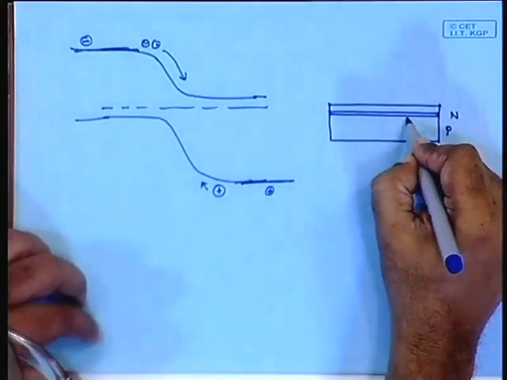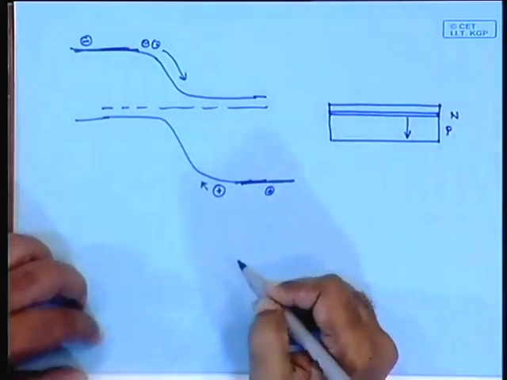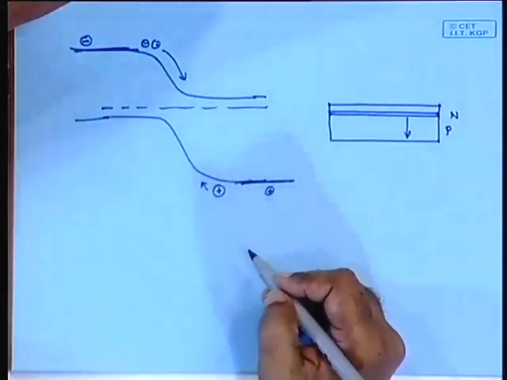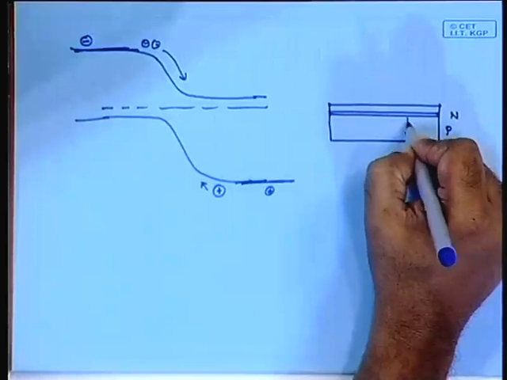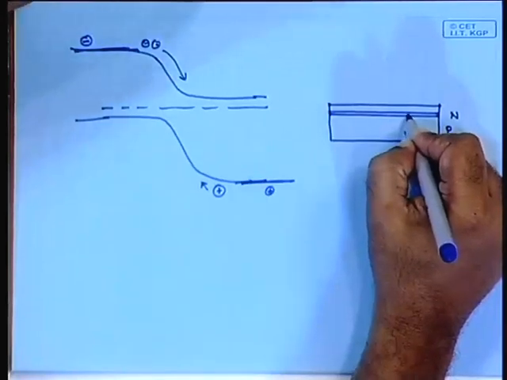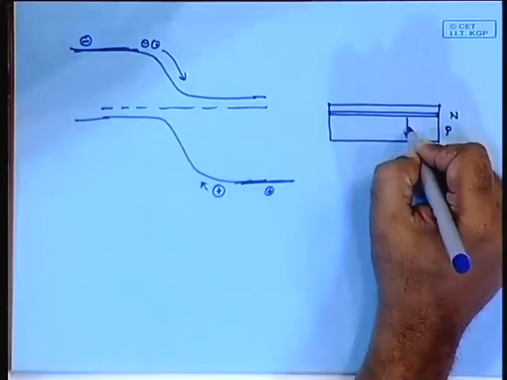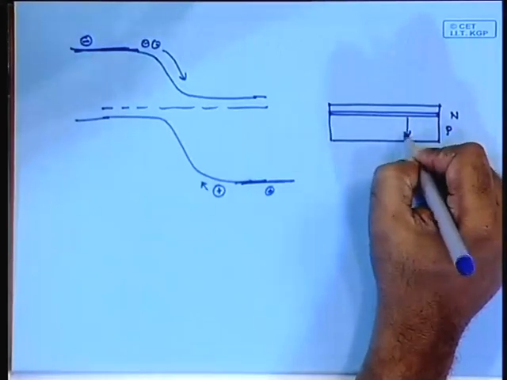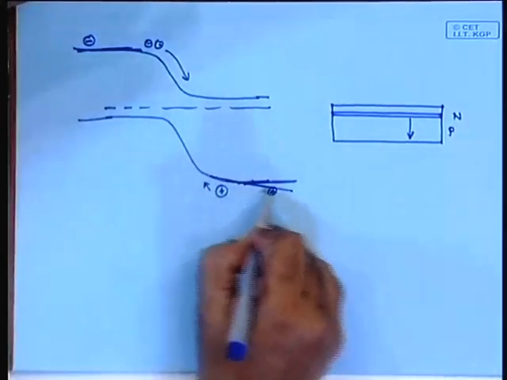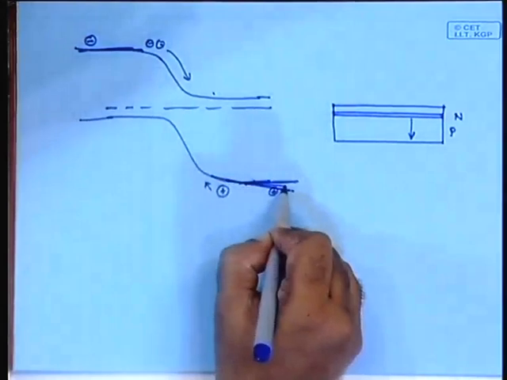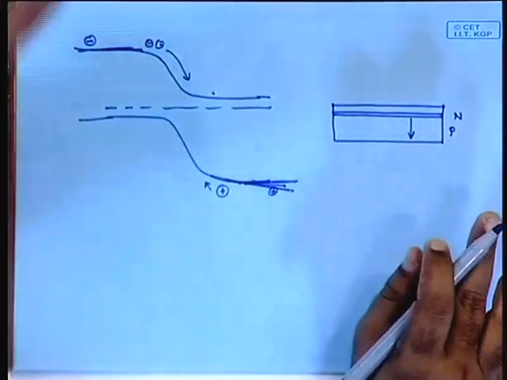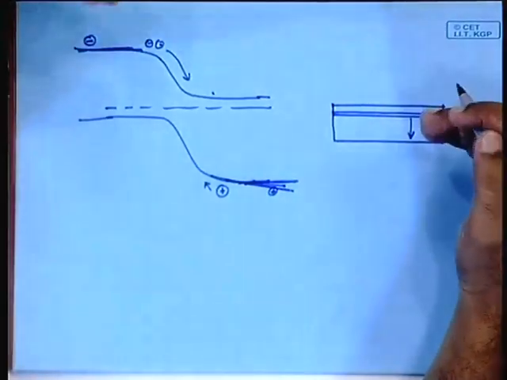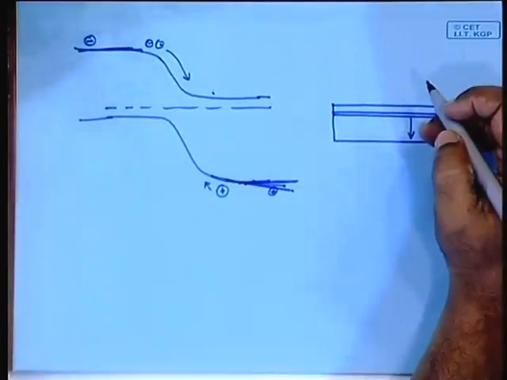So, in this case you have a graded doped structure, which means the doping here is larger, doping here is relatively smaller, and then here is N. If it is like this, then the electric field actually has a slope like this, and things will flow in. Is that clear? So, this is called the graded doped structure.